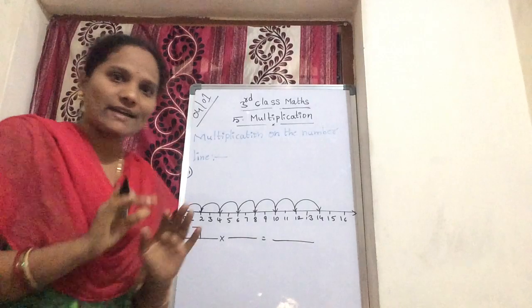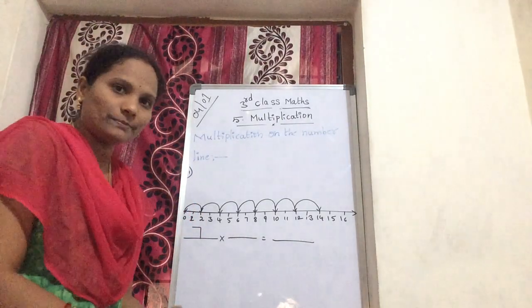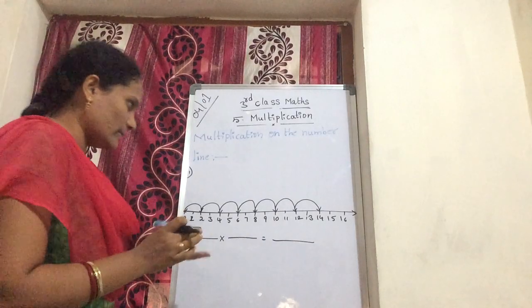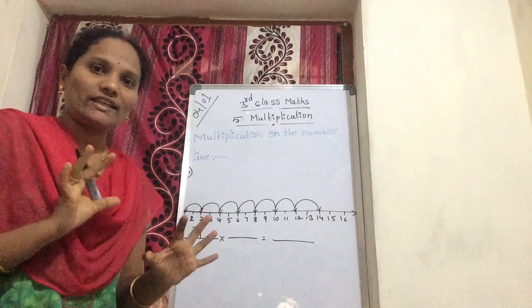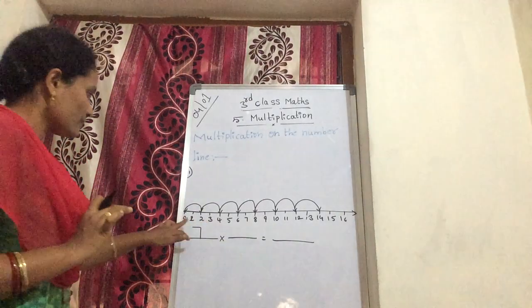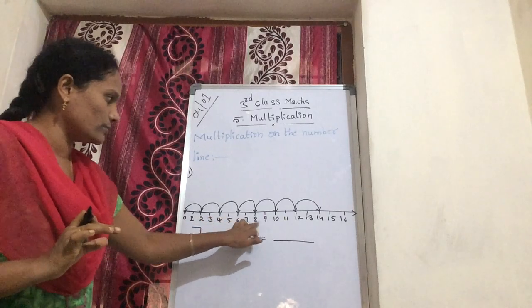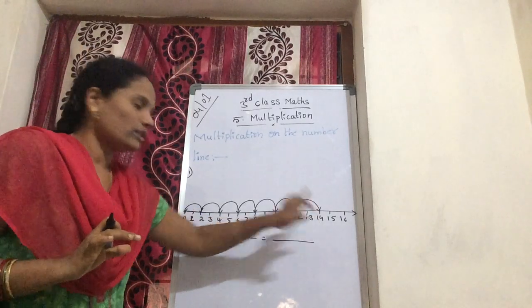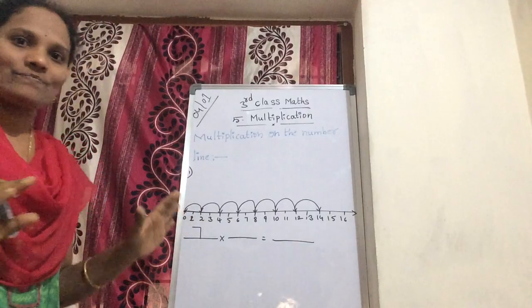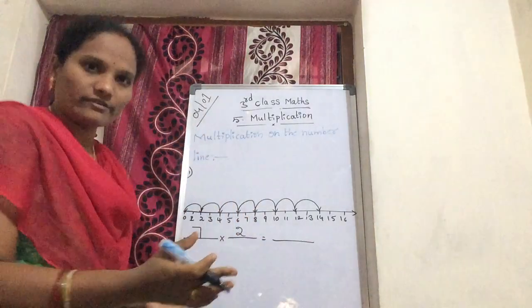So each time, how many steps are we moving on the number line? Count it, Amma. 1, 2. Each time you are moving 2 steps forward.